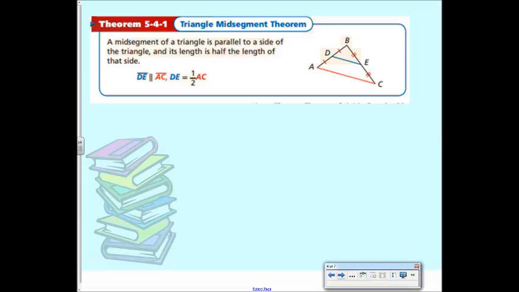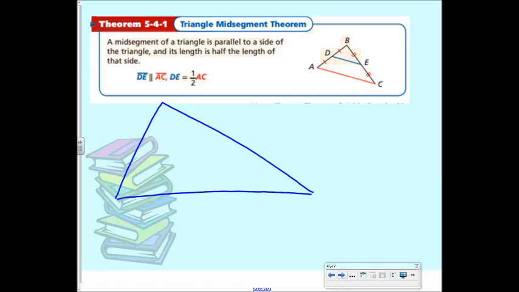The triangle midsegment theorem tells you that if a line segment is a midsegment, so for instance, in this triangle, if DF is a midsegment, that means DF is parallel to BC, and it also means that DF is half of BC. So the triangle midsegment theorem will tell you those two things.